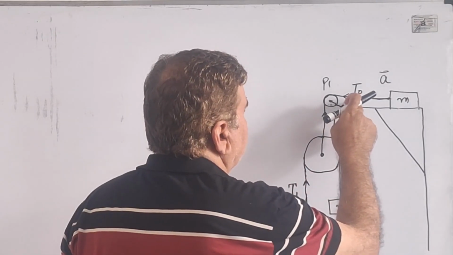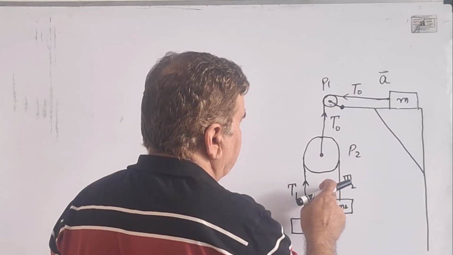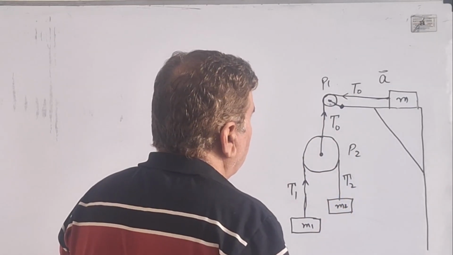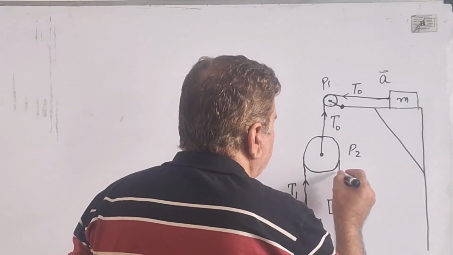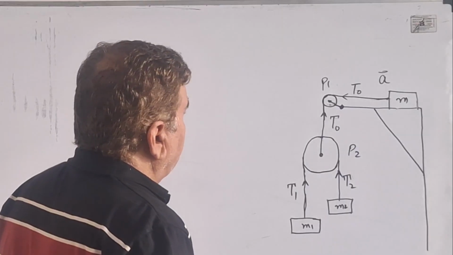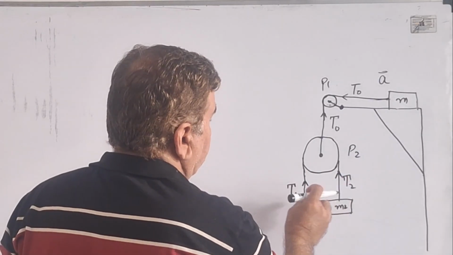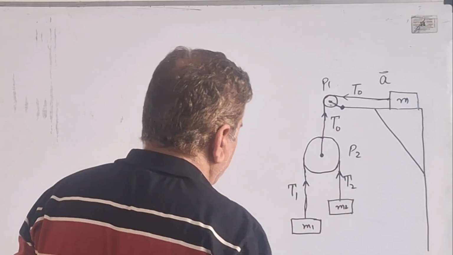That is, the tension at this position is exactly equal to the tension at this position, and similarly the tension in this branch is exactly equal to the tension in this branch. Although I have put a subscript over there, this tension must be the same.